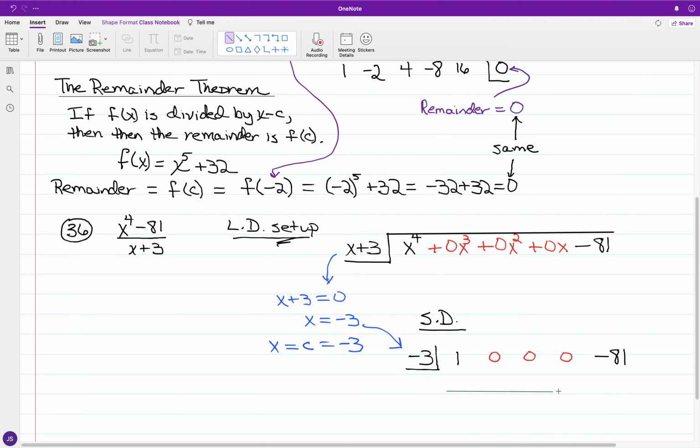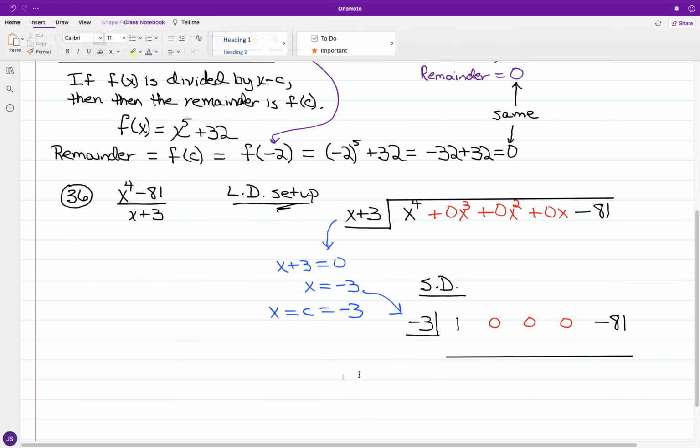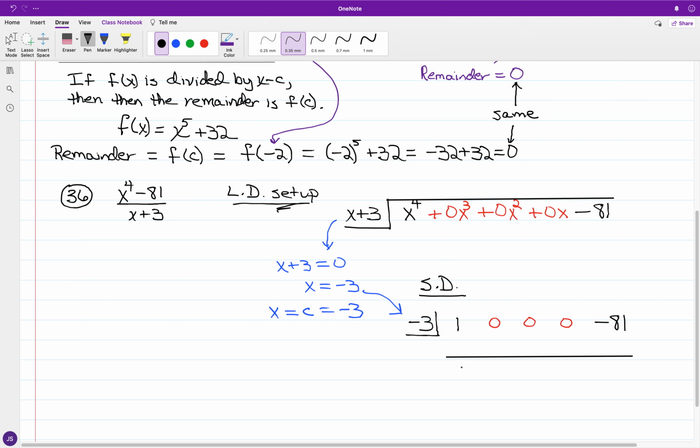And in looking at what we have with the synthetic division, so bringing down the coefficient 1, we now have the first product to bring over into the next column. Okay, we have negative 3, and we have 0 plus negative 3 is minus 3. Negative 3 times negative 3 is 9. 0 plus 9 is 9.